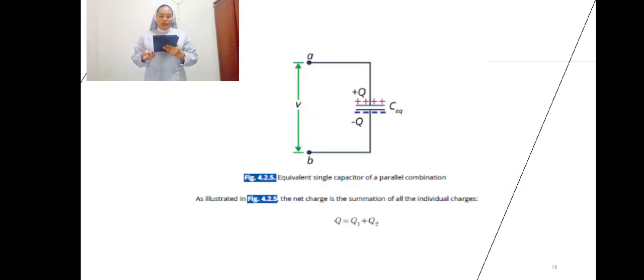Figure 4.2.5 shows the equivalent single capacitor of a parallel combination. The net charge is the summation of all the individual charges, so Q equals Q1 plus Q2.